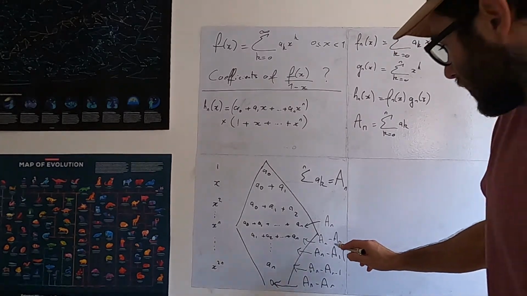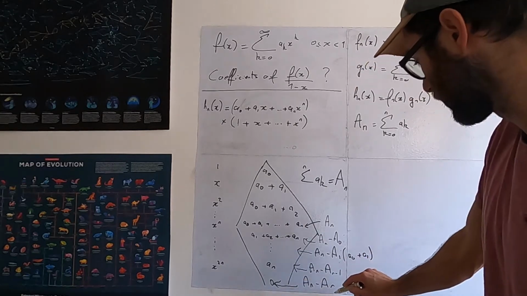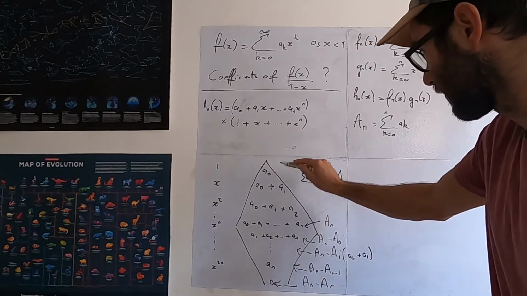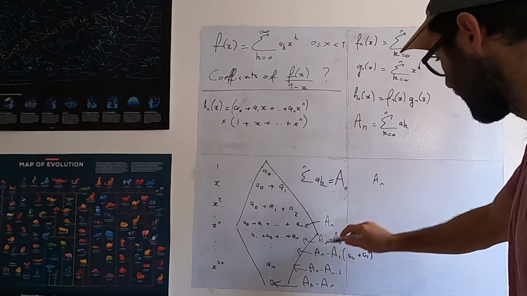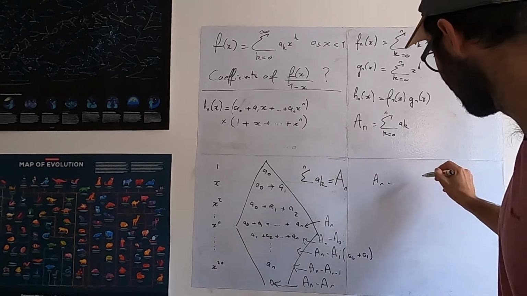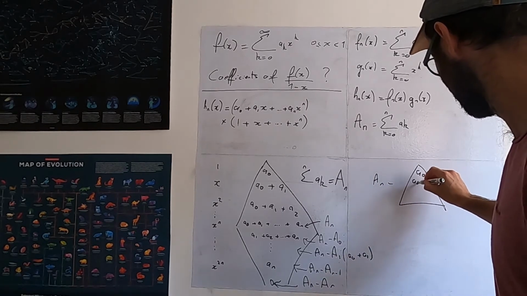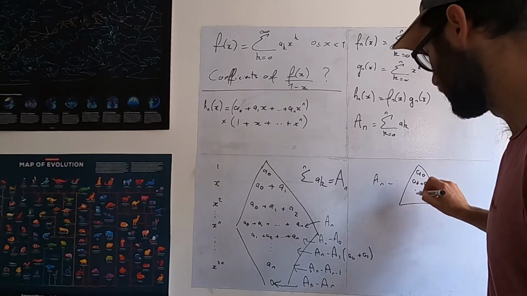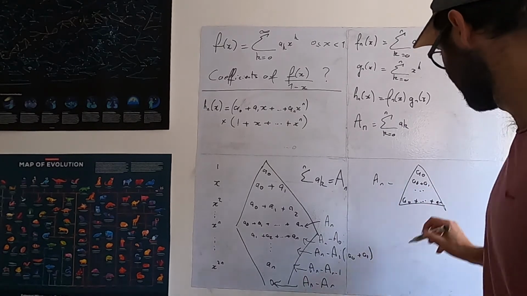So if you think about it this way, you have here a0, a1, etc. It is the same pyramid that we have there. So you just have An minus your original pyramid, right? a0, a0 plus a1, a0 plus an.